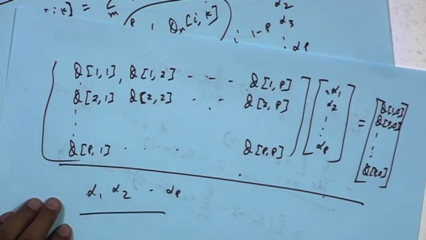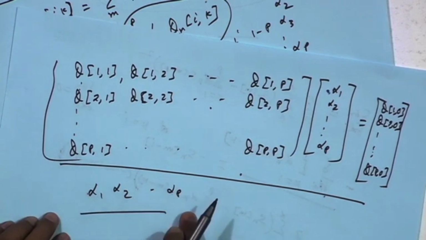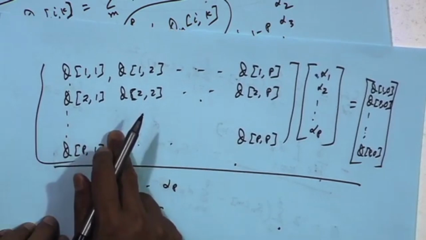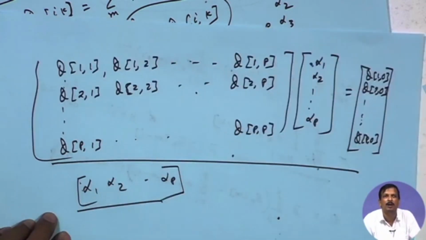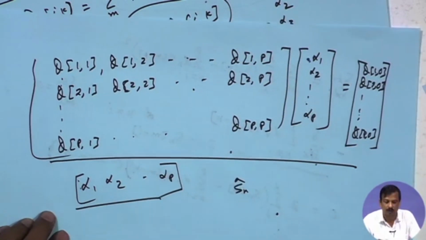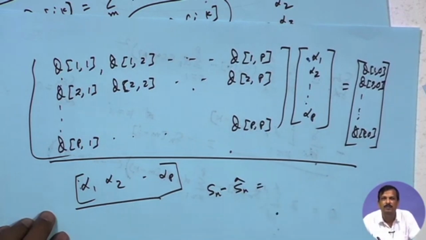Now, if I am able to solve this matrix, I can get the values of alpha 1, alpha 2 and alpha p, for which my error is minimum. Then using this set of alpha values, I can correctly estimate the signal; the difference between my present signal and the estimated signal, the error, will be minimum.